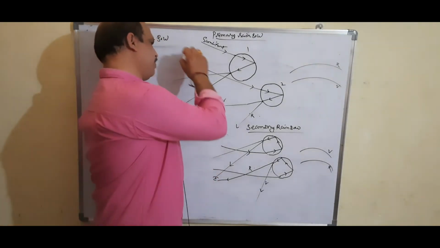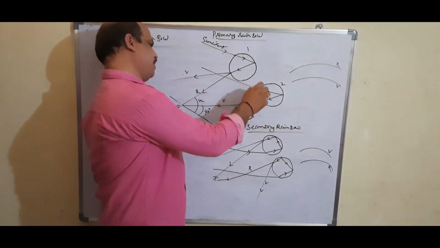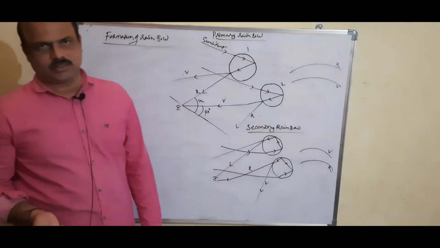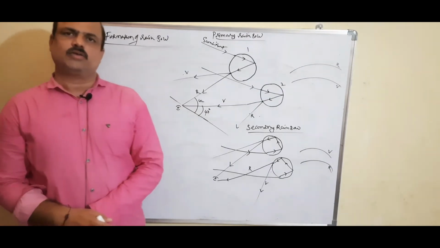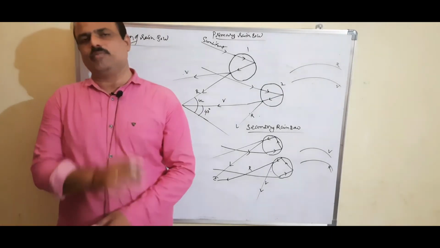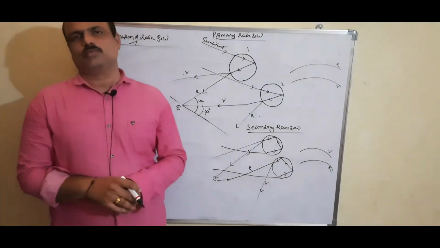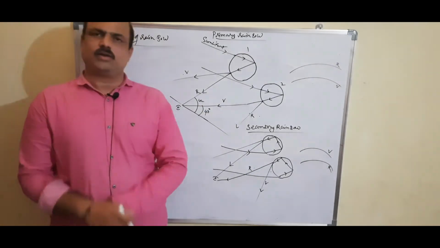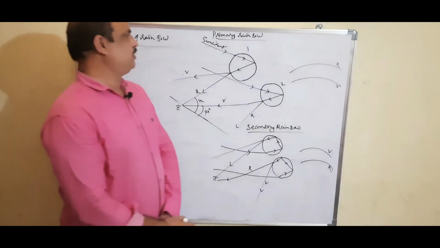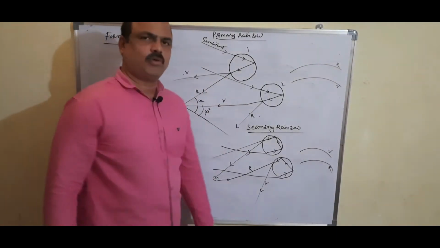If the angle becomes 40 degrees, then we can see violet color. In between these two angles, we can see all the remaining colors. So this is called primary rainbow.